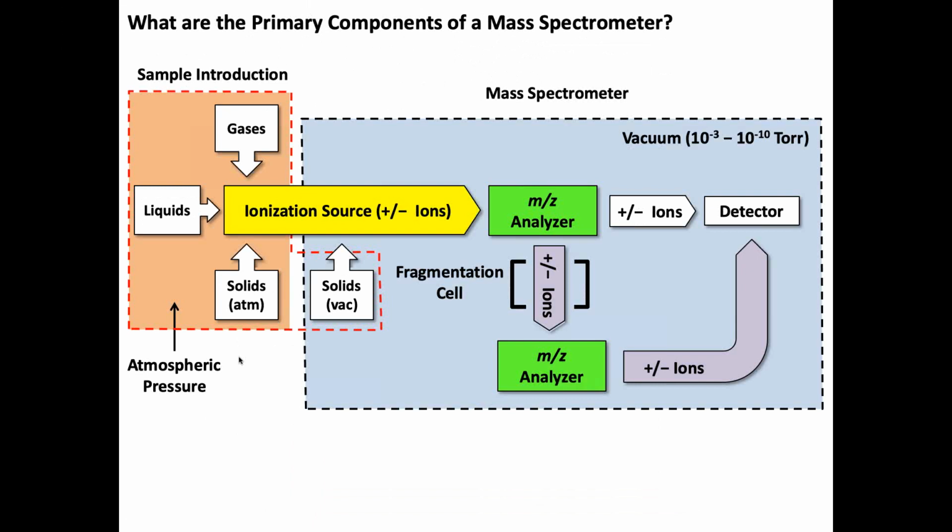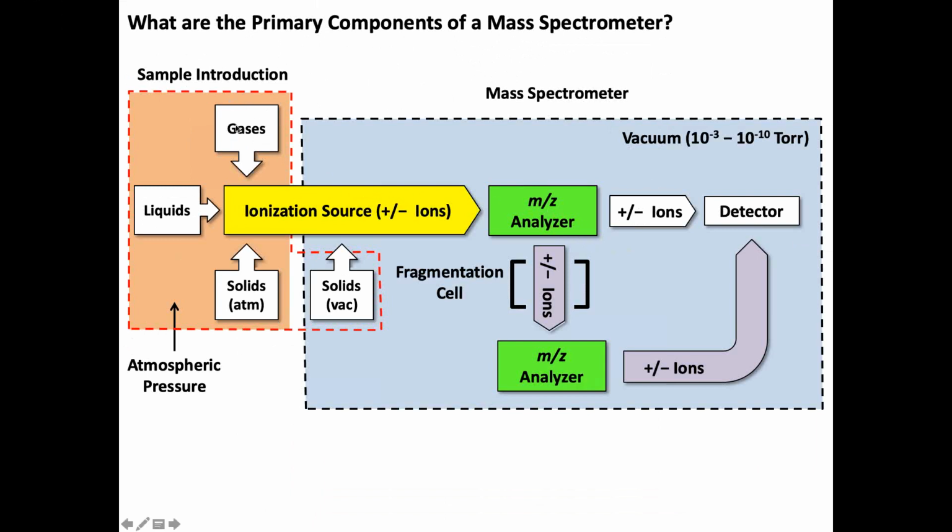The two main things that I want to focus on, so what are some of the primary components of a mass spec? There are many. The two that we'll focus on for today's lecture involve sample introduction or ionization sources, and then the mass analyzers. There are lots of other components, of course, but those are the two big ticket items.